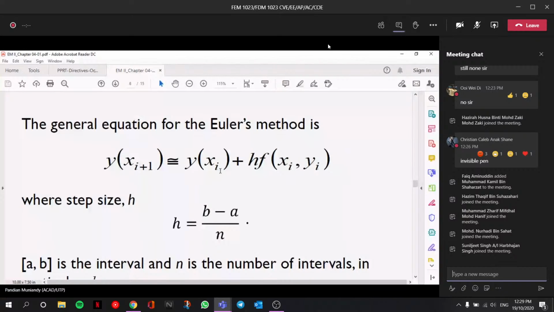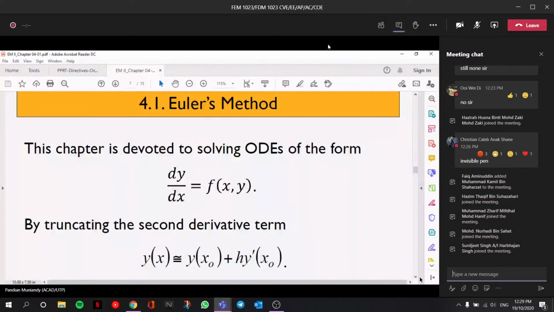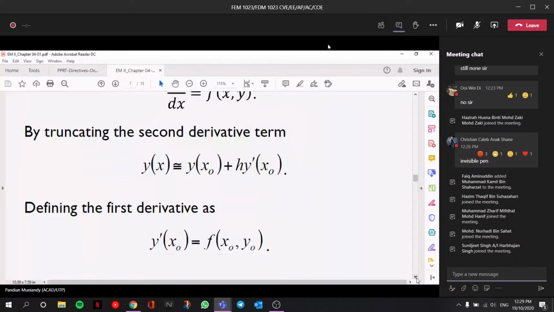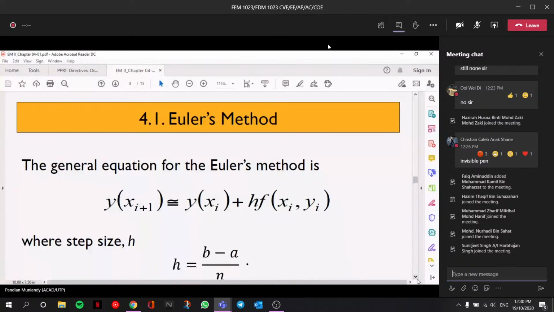This equation is actually derived from the previous slide. If you look at slide number 7, this is the general equation, but general equation means just one value of y(x), and here it is not one value. It is an iteration. You will have many outputs.